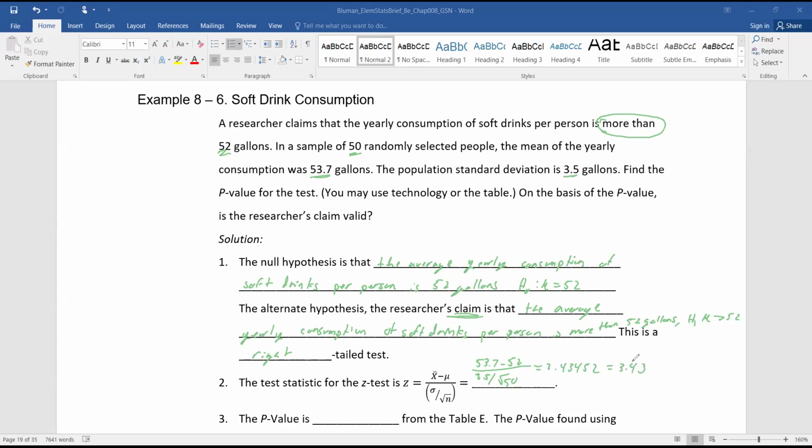Now, to calculate the p-value, let me show you that. I wish we had the table on this one. I'm going to pull up your table so you can see it.